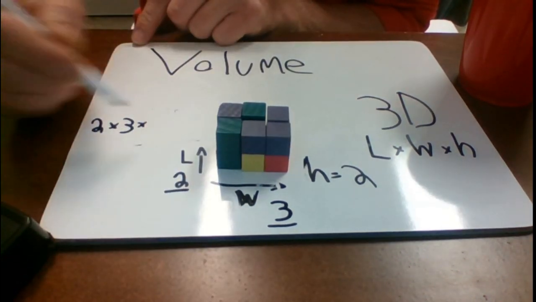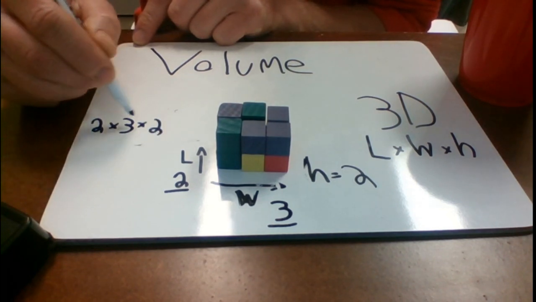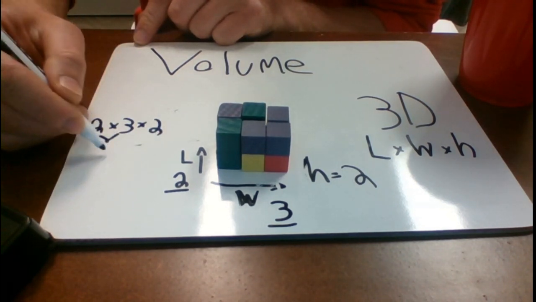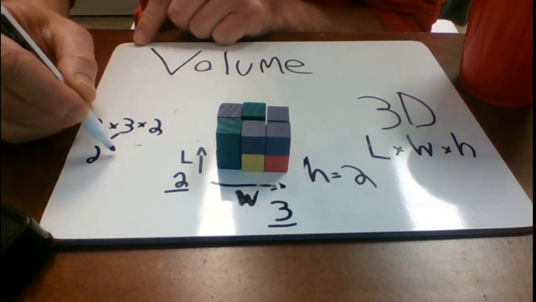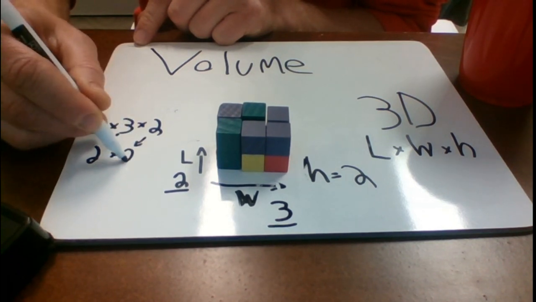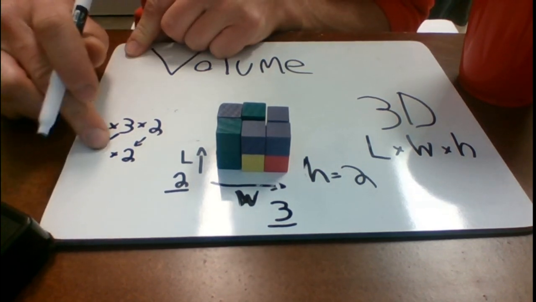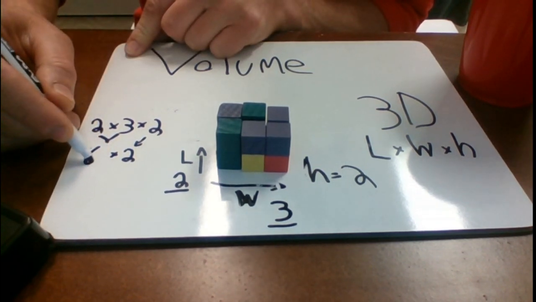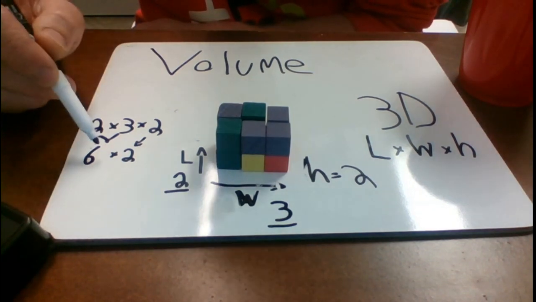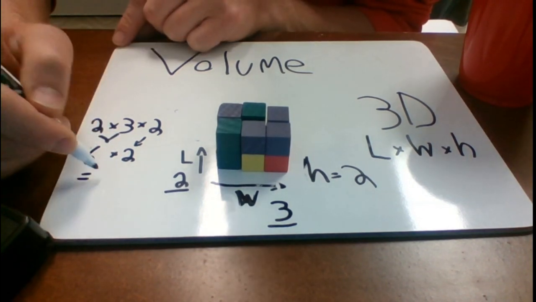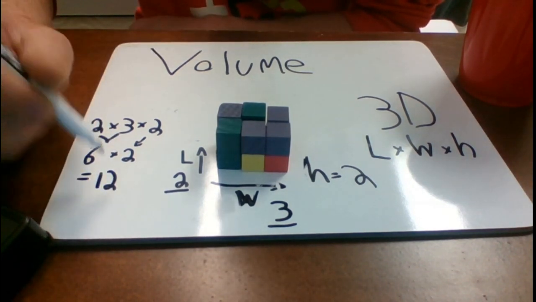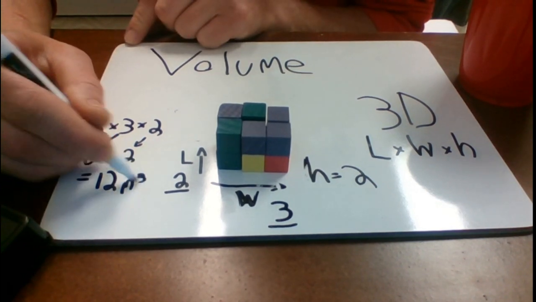We're going to times it by our height. 2 times 3 times 2. Well, 2 times 3 is 6. Bring this down, times 2. 6 times 2 equals 12 meters cubed.